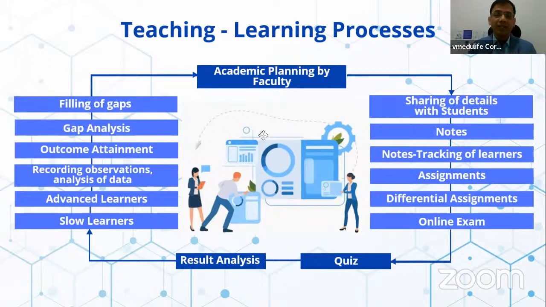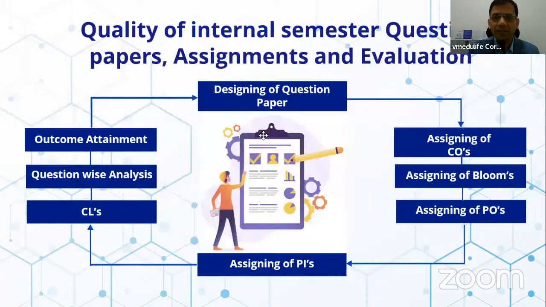Again, we segregate the slow learners and advanced learners, and then we record the observations and analyze the data. That leads to the calculation of outcome attainment, followed by gap analysis, filling of the gaps, and again the lesson plan, and the cycle continues. These are some of the things necessary to follow on a day-to-day basis as long as teaching-learning processes are considered. Moving ahead now.